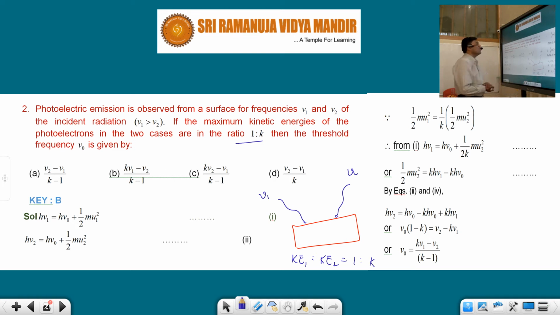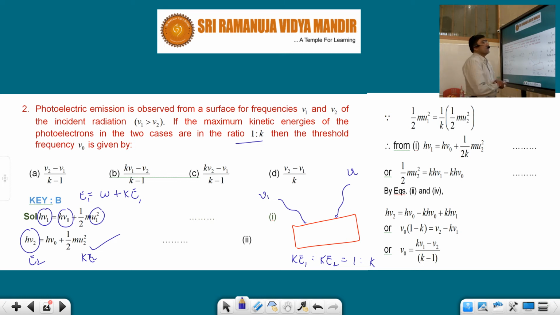Now the problem is solved. Substitute the values here. In the first case, h nu, that is E, is equal to W plus KE. So this is E1 equals W plus KE1, and E2 equals W plus KE2. So you have two equations.